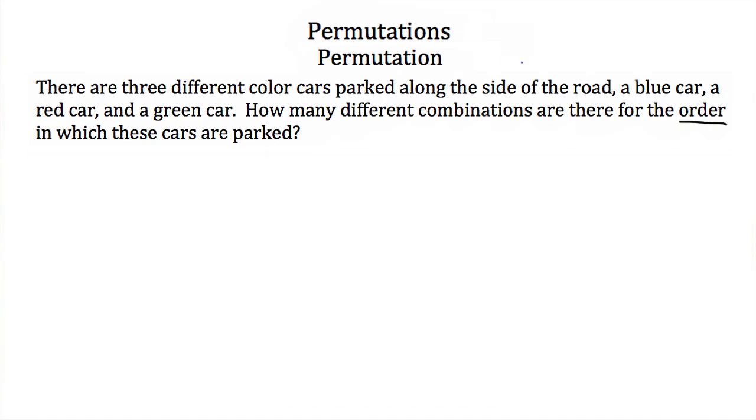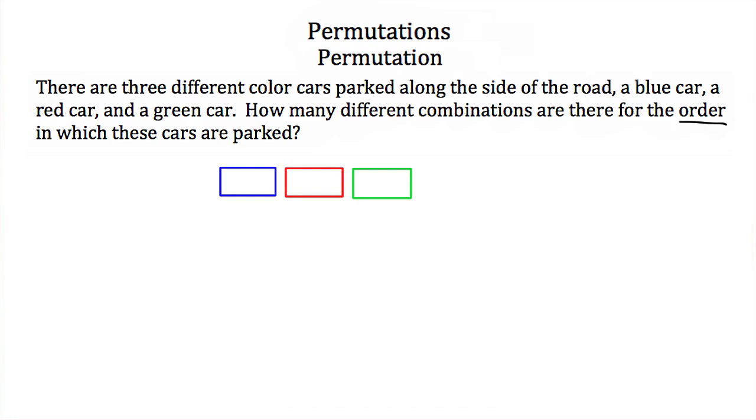Well, the blue car might be parked first. If the blue car is parked first, that means either the red car or the green car will be parked after it. Let's say the red car is parked after it. And that means that the green car must come next.